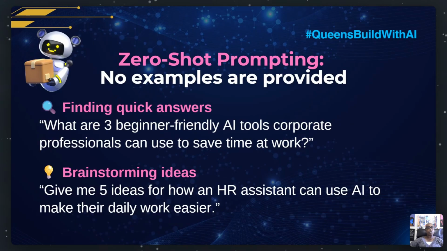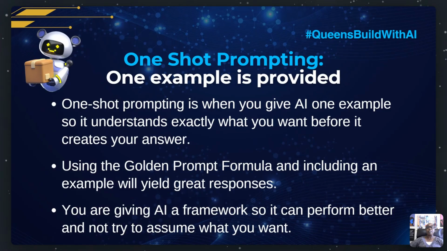Again, there are no examples provided to train or help your AI or your LLM know how you want the results to look. Okay. Now let's take a look at one shot prompting. One shot prompting is again pretty easy: you give AI one example so it understands what you want when creating the answer.